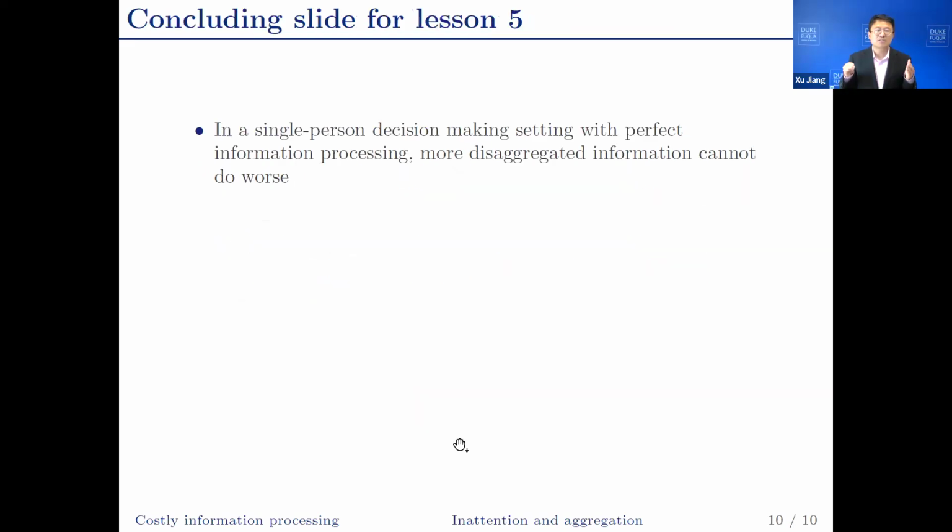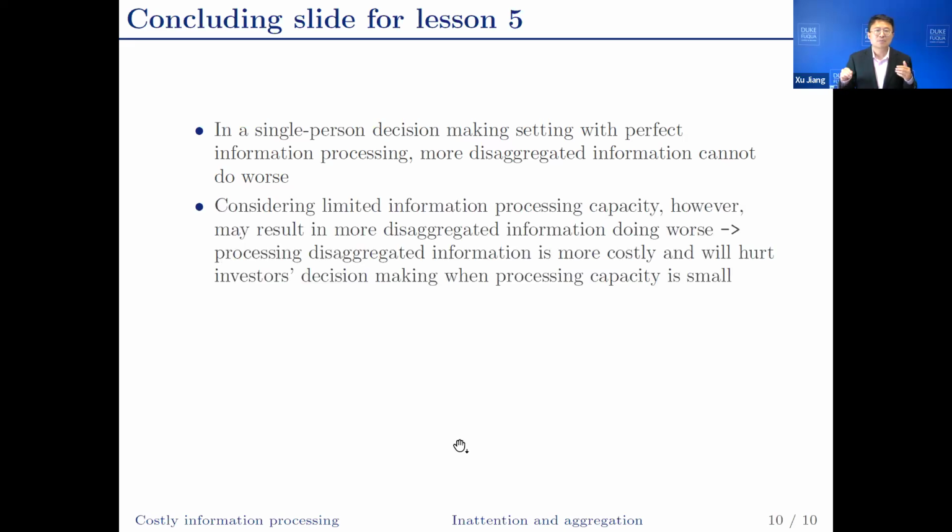So to conclude, in a single-person decision-making setting with perfect information processing, more disaggregated information cannot do worse. However, if we consider limited information processing capacity, more disaggregated information could be worse because processing disaggregated information consumes more attention.